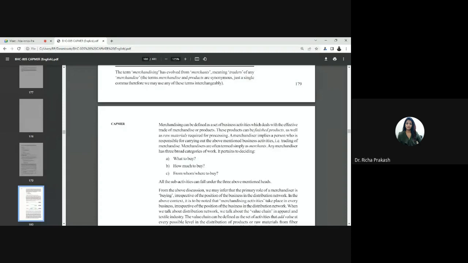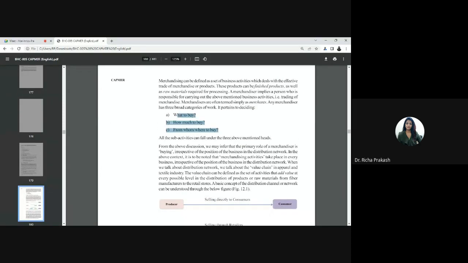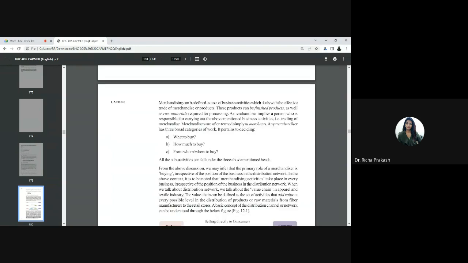First of all, any merchandiser has three broad categories of work. So we are talking about the merchandising process. The first one is what to buy. As we have already said, it's an interface between the buyer and the exporter. Or we can also say, right from the beginning of the product to the end of the finishing or the production of that product, whatever happens is basically carried out by a merchandiser.